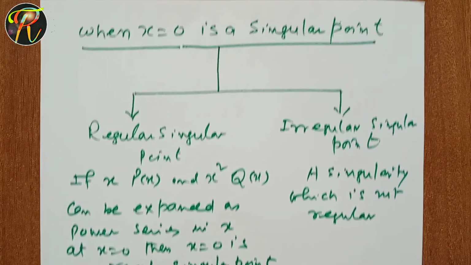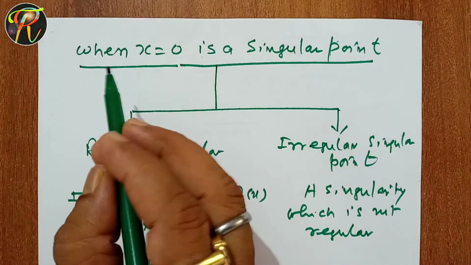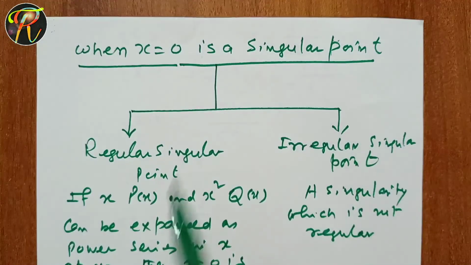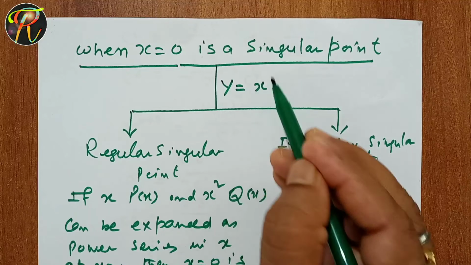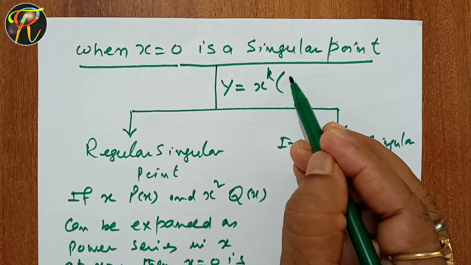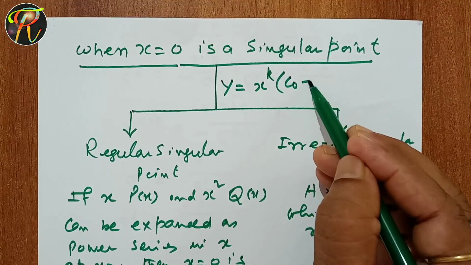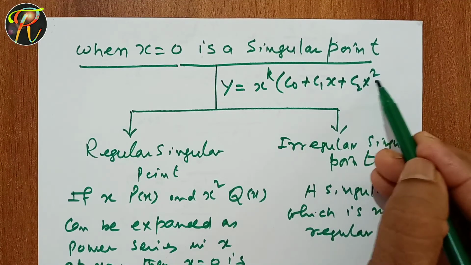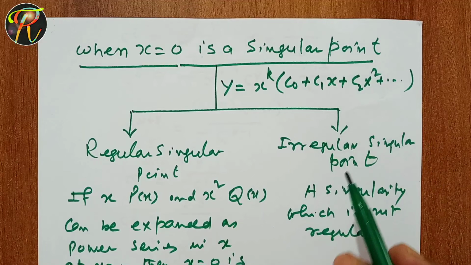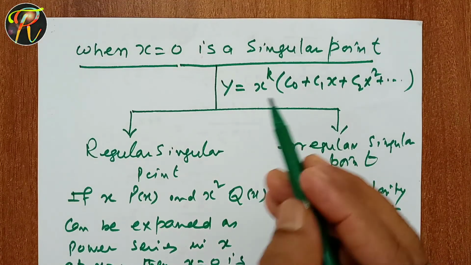So you remember, in the case of a singular point we will take the series y is equal to x to the power k times (c0 plus c1x plus c2x square plus and so on). What is the difference between the two series?